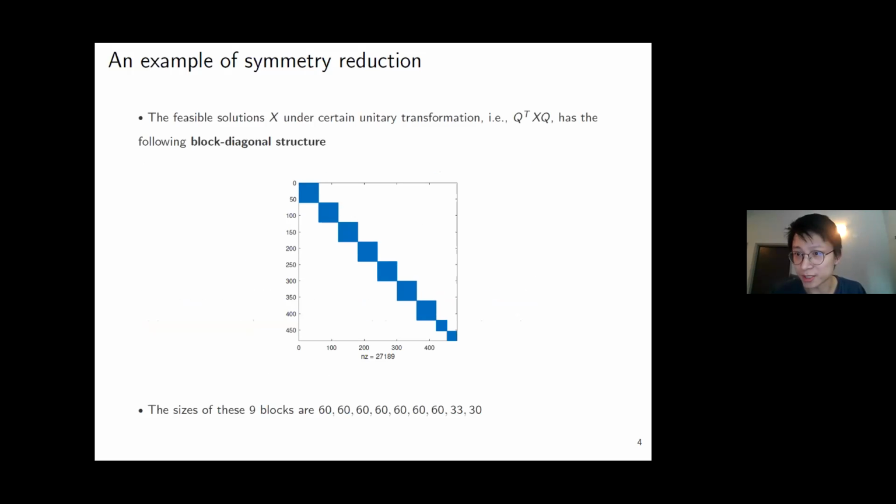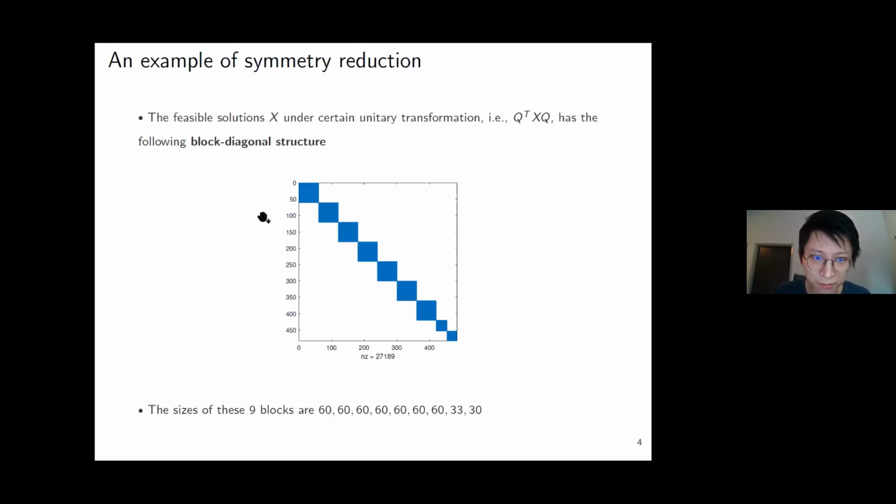But the good thing is that the feasible solutions of this problem instance have certain symmetry, and therefore we can find an orthogonal transformation Q so that it brings every feasible matrix into this block diagonal form.